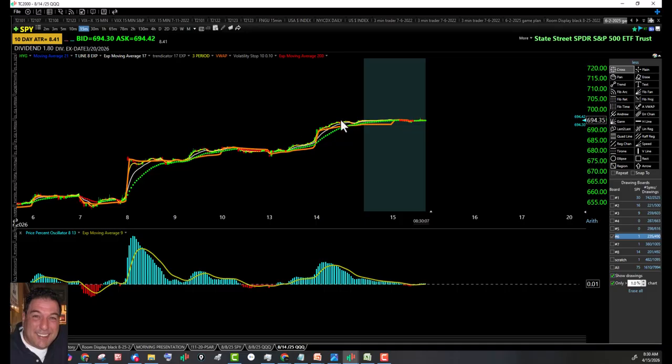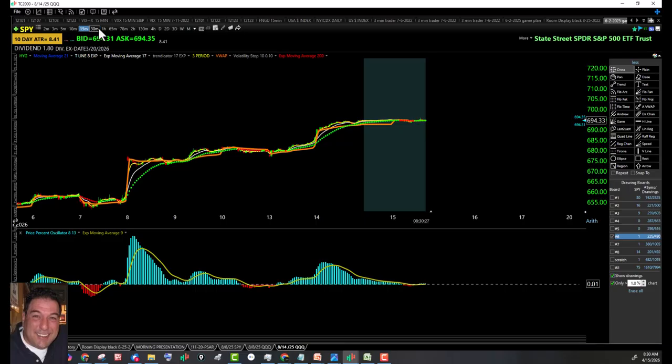We're making higher highs, so we actually should be moving higher with the PPO, but we're not. We're moving down. There's a high. We made a higher high, but yet the PPO is down here, showing us bearish divergence right there.